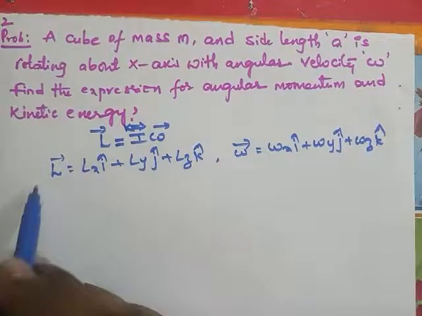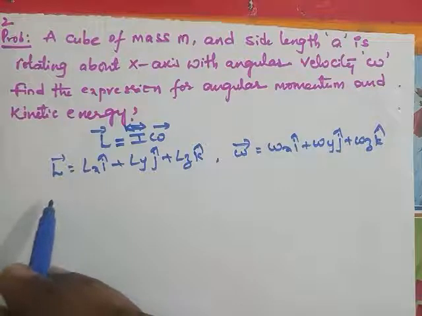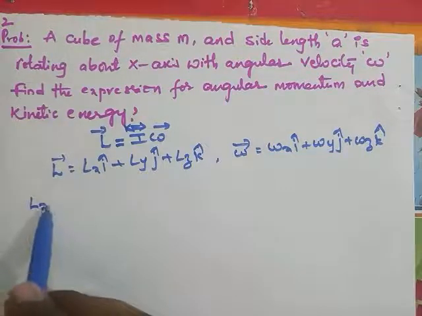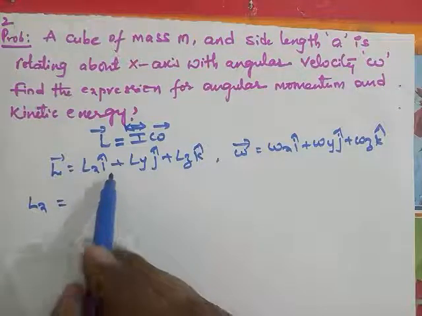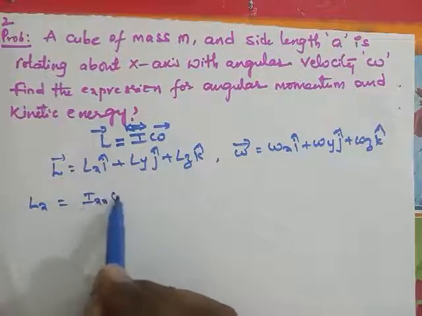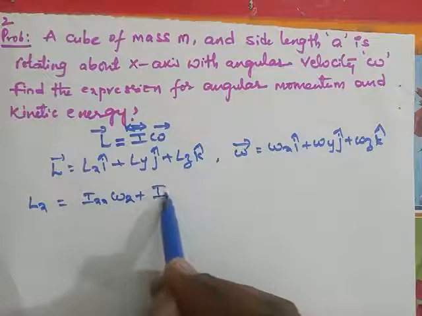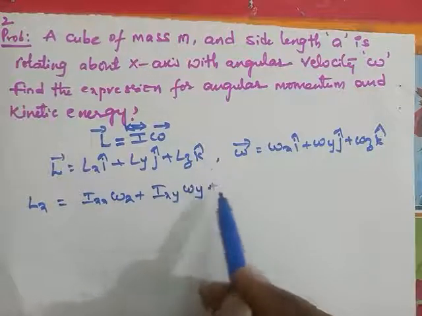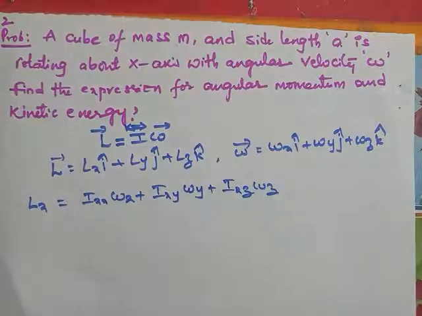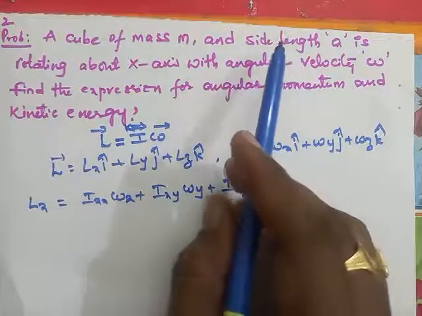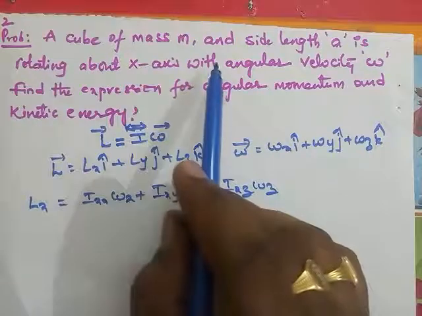So in that case, comparing LHS and RHS terms, we get Lx is equal to Ixx omega x plus Ixy omega y plus Ixz omega z. But we know that here the cube is rotating about the x-axis only.